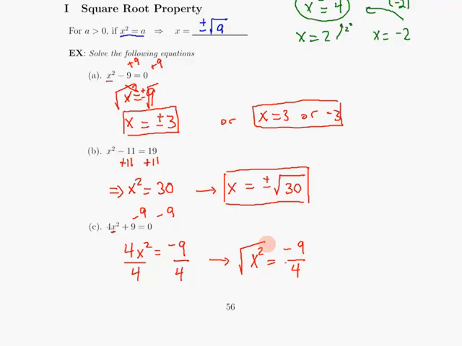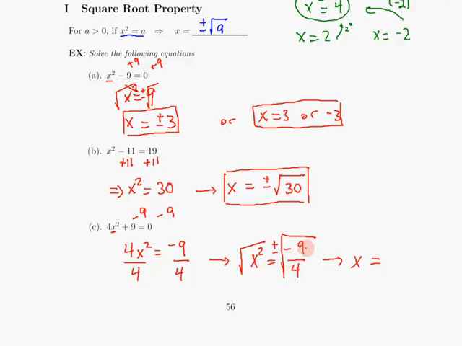Now I will take the square root of both sides, remembering to put plus or minus on the right hand side. What that leaves me with is x is equal to, now let's take the square root of negative 9/4. We can do the square root of the top over the square root of the bottom.